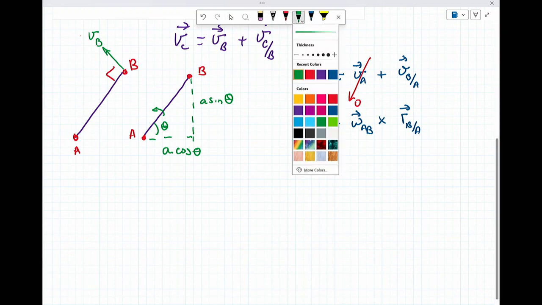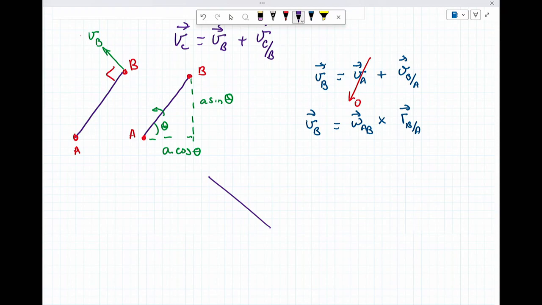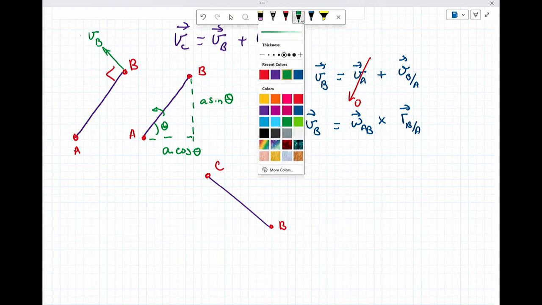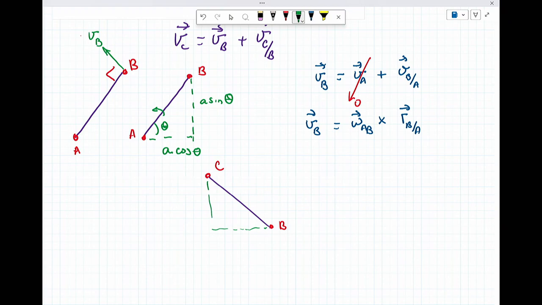I also have the same problem with C and B, but when I look at that link BC, I have B cos phi and B sine phi.